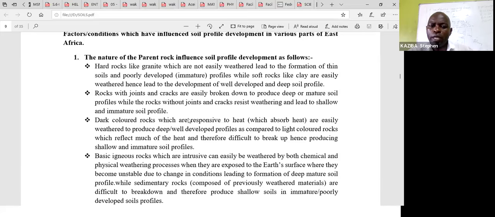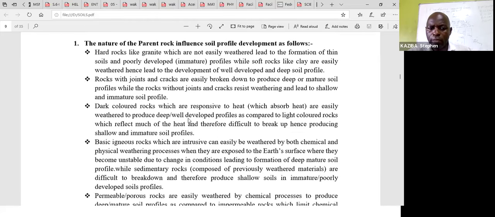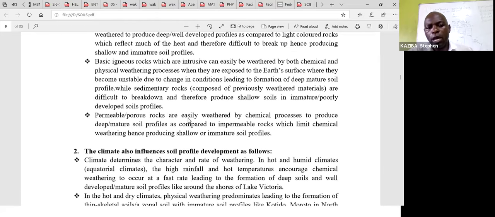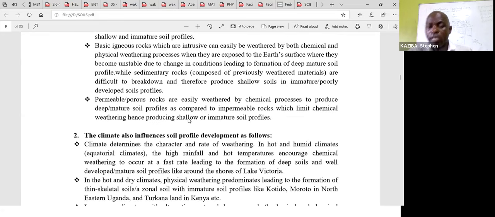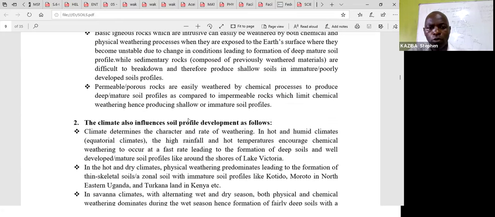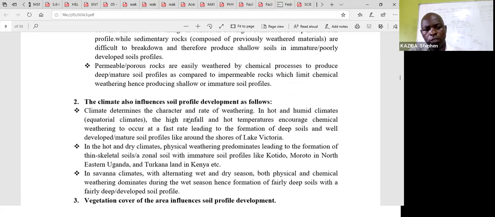Then when you're done with the nature of the parent rock, you go to other factors. Now, other factors, they can also ask a question, to what extent is climate responsible for the formation? Or you can say, climate is largely responsible for the formation of soil profile. Discuss. So you bring in climate. Now, you divide climate into different climatic regions.